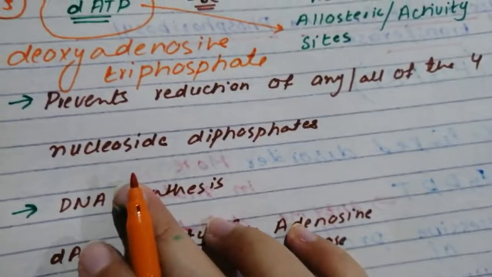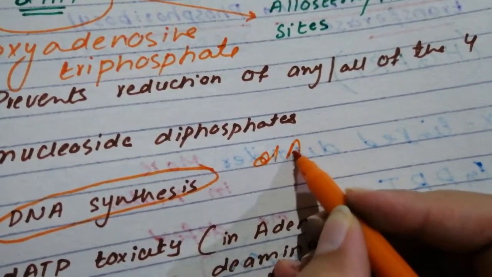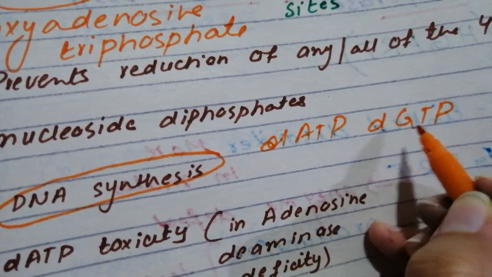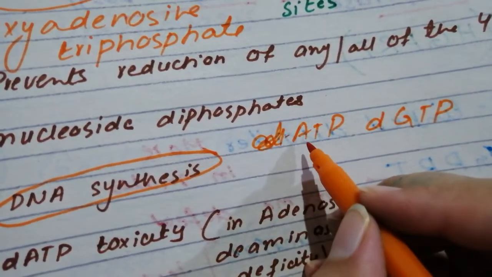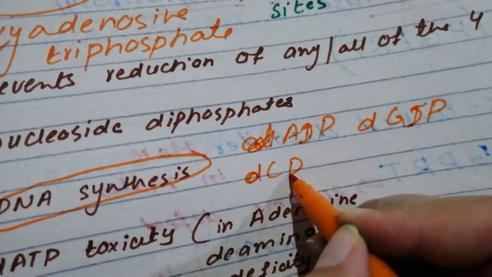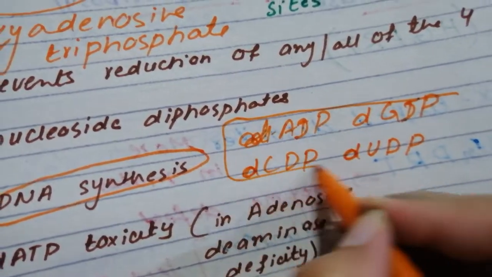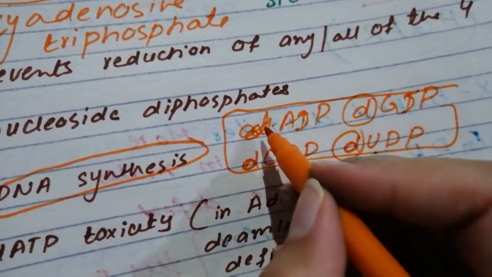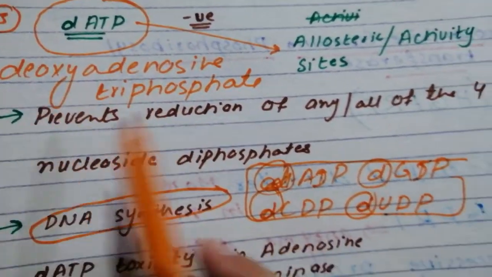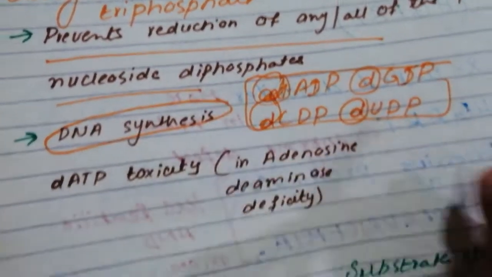And so there won't be any DNA synthesis, because there will not be the formation of dADP, dGDP, dCDP or dUDP. And because it is this form that is going to be integrated, there will not be any DNA synthesis if there is a lot of dATP accumulating for whatever reason. It prevents the reduction of any of the 4 nucleoside diphosphates.